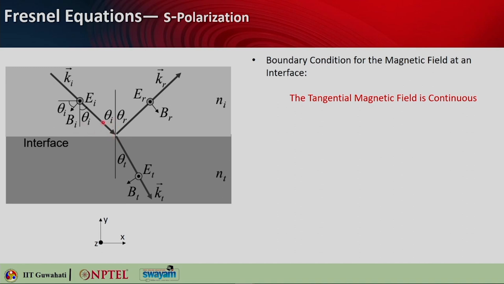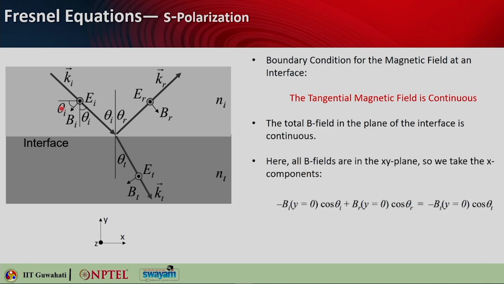So, if this angle is theta I, we can find out that this angle is also theta I, and again we can say that this angle is also theta I. So, B_I will have an x component, it is going in the minus x direction. So, the x component which is along this will be minus B_I cos theta I, and we are equating it at the interface, so y equals 0.